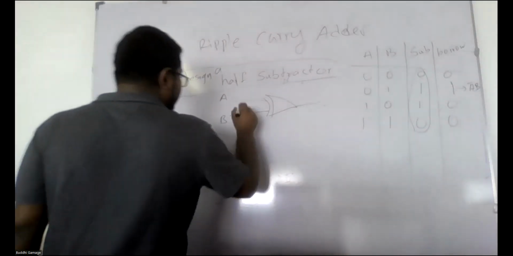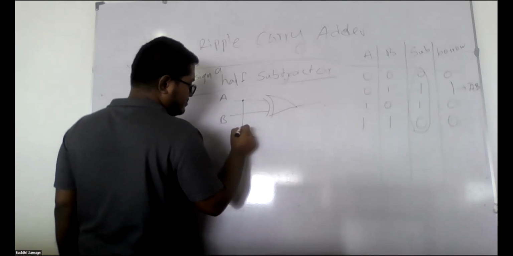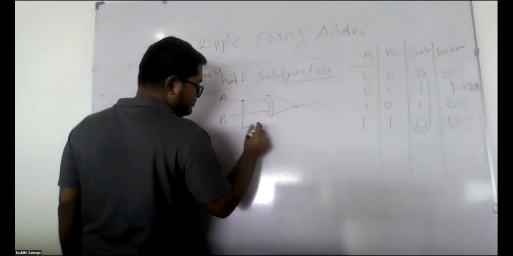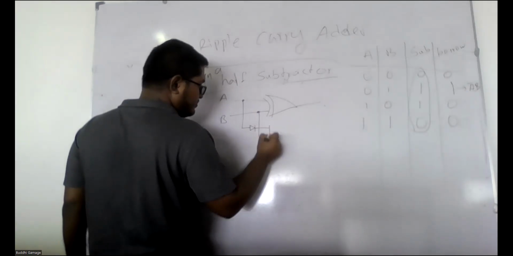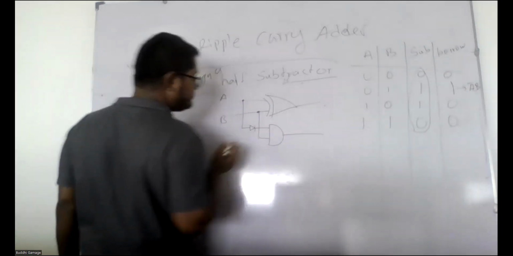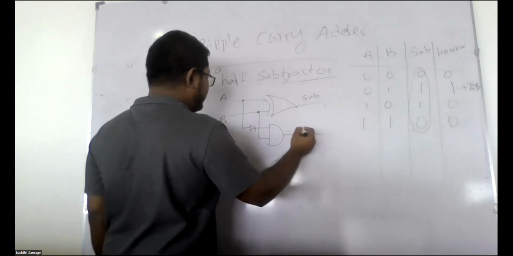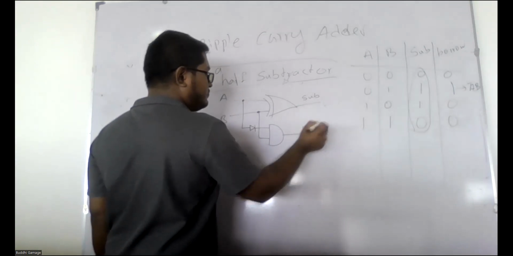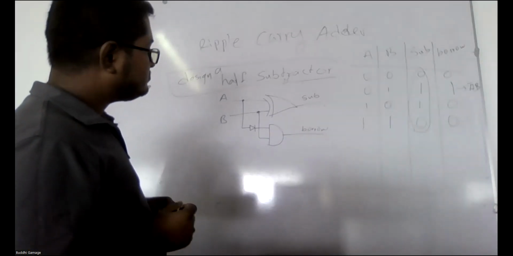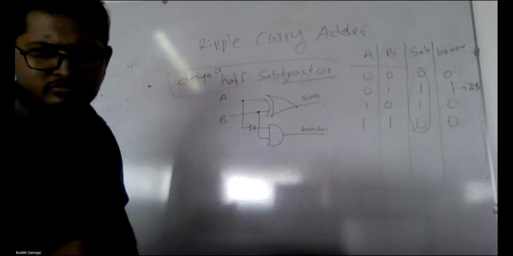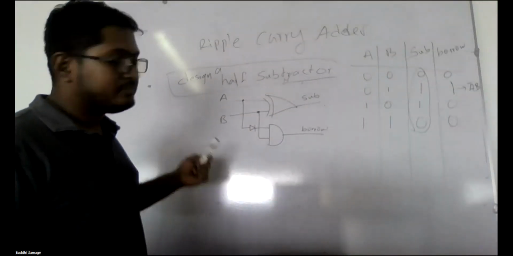Since it is only the one, we need to take A bar and B. This is called the borrow. So in this way, you can design the half subtractor.